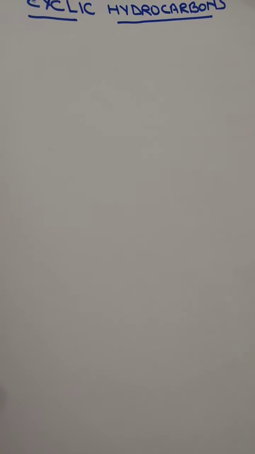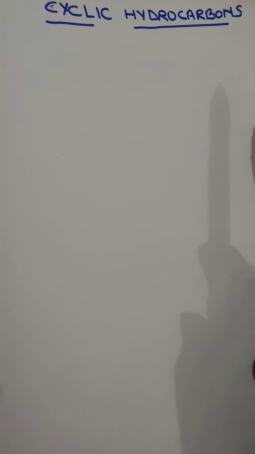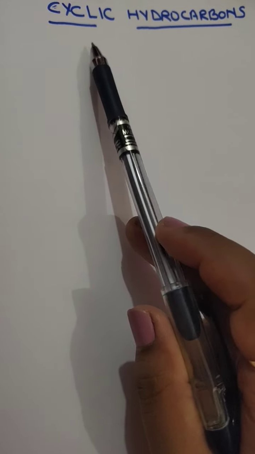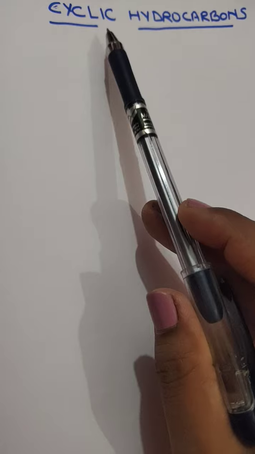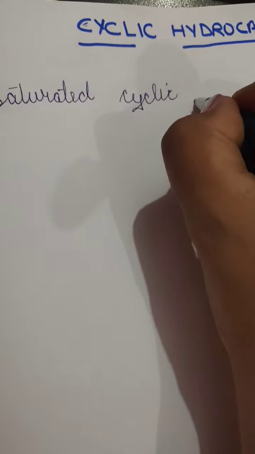Now, likewise with the chain and branched hydrocarbons, they are also of two types, that is saturated and unsaturated. So firstly, we'll start with the saturated cyclic hydrocarbon.